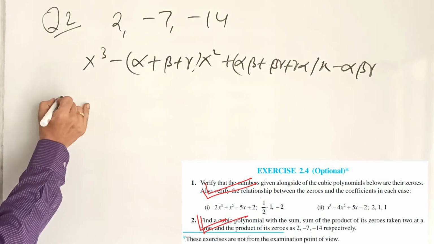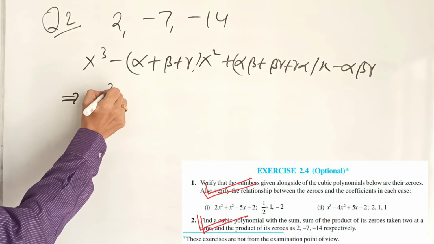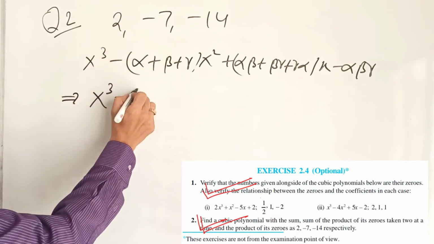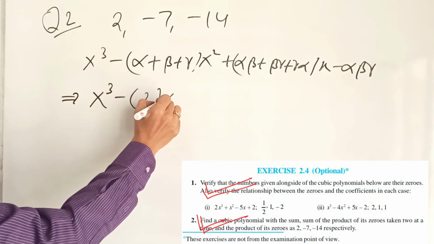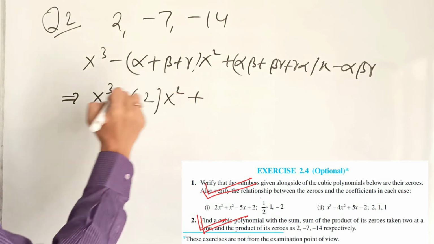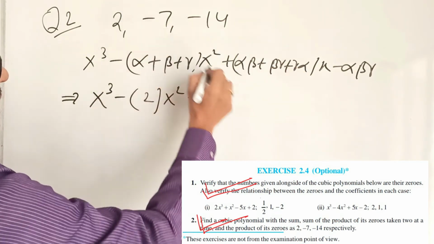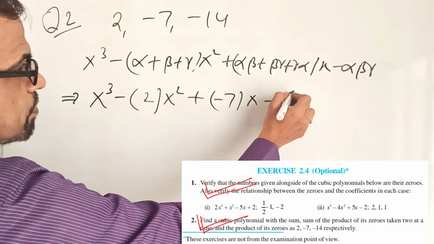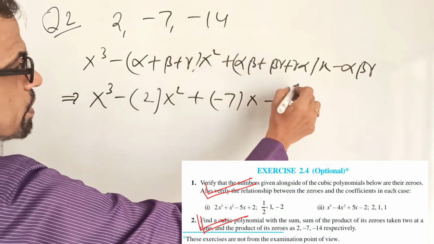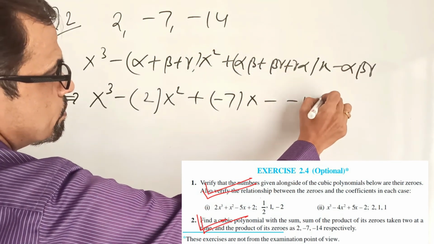Okay student, now let us put the values: x cube minus the sum, which is given as 2, x square, plus the sum of the products, which is given as minus 7, x, minus the product alpha beta gamma, which is given as minus 14.